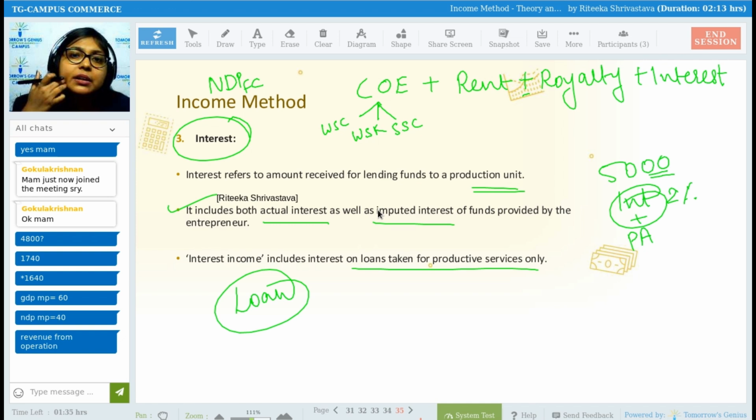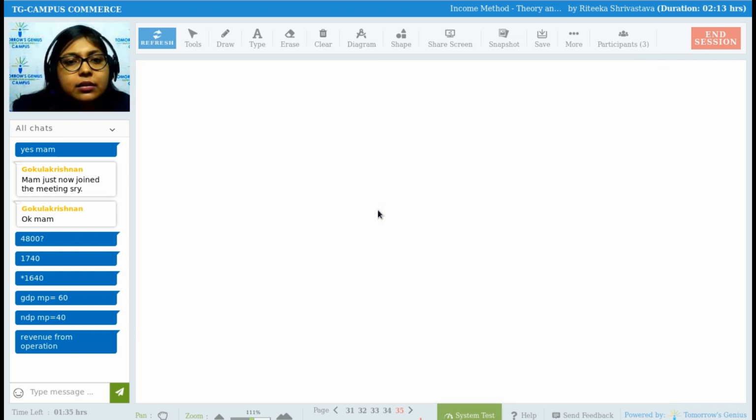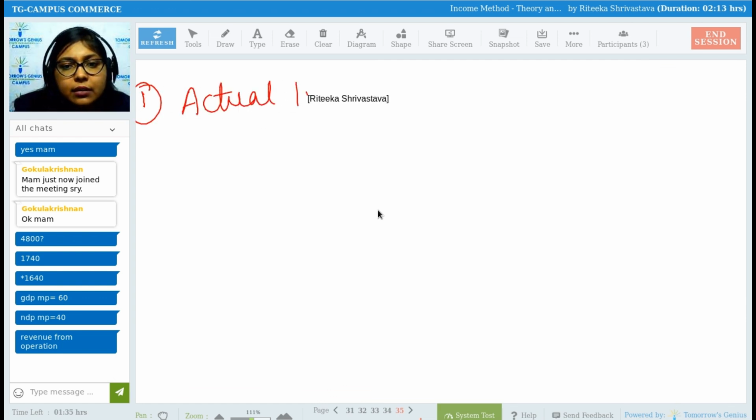Now, what are actual interest and imputed interest? We'll talk about actual interest and imputed interest. First scenario, actual interest. There was one person called Ram.